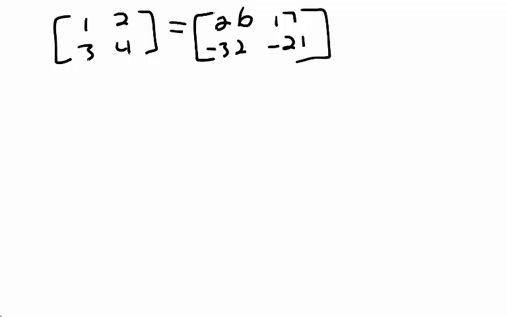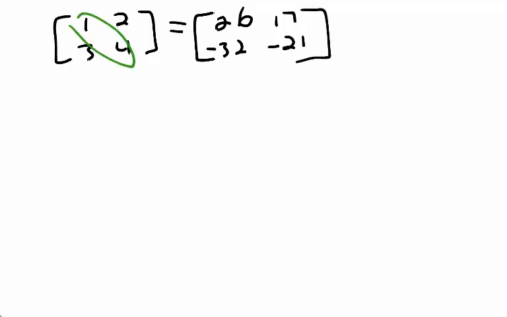So again, here we have matrix A on the left, then the product of B inverse times AB, the product of A and B, which gives us 26, 17, negative 32, and negative 21.